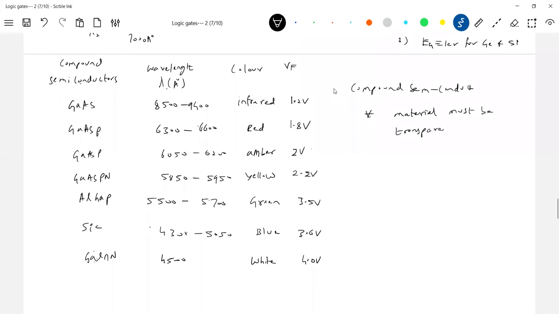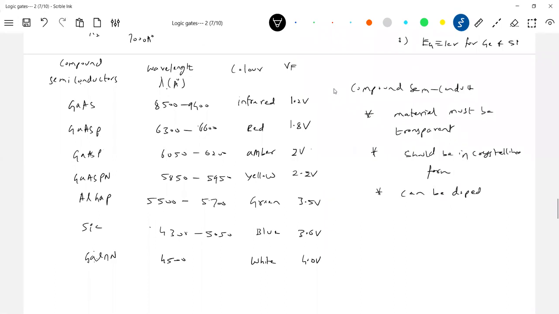Okay, fine. There are four more features. Next, again, it should be in crystalline form, and can be doped. These are the basic features.